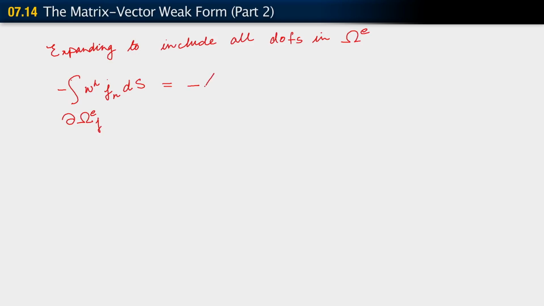This can now be written as minus, let's suppose the first one is CA1E. Let's suppose the very first degree of freedom from this element did indeed belong to the set A sub n. Okay, let's suppose that the next two are maybe C2E, C3E.